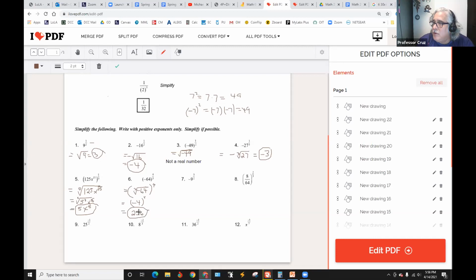All right. So the base is only the 9. It does not include the negative sign, so that's why we got to make a distinction between 2 and 3.